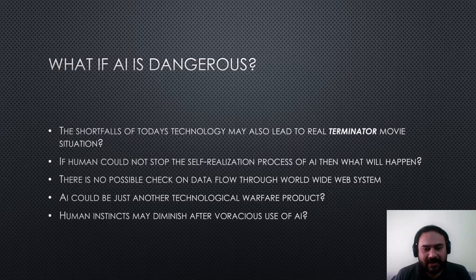If humans could not stop the self-realization process of AI, then what will happen? And there is no possible check on data flow through the World Wide Web system because it's so huge, so enormous, that we cannot put barriers on data transfer or data downloading.